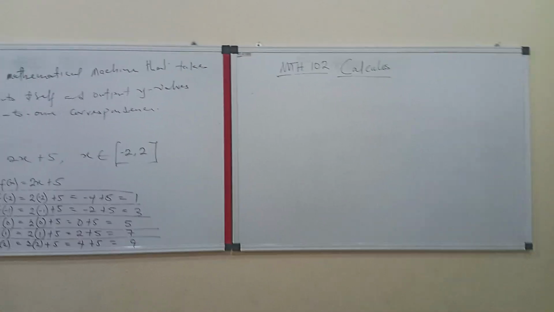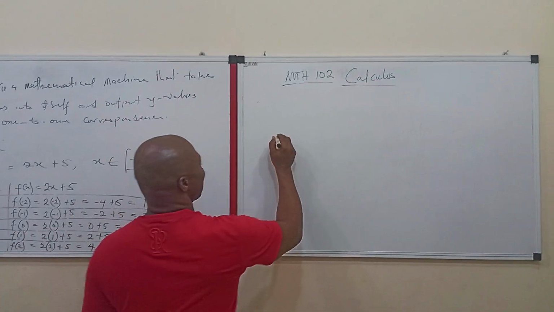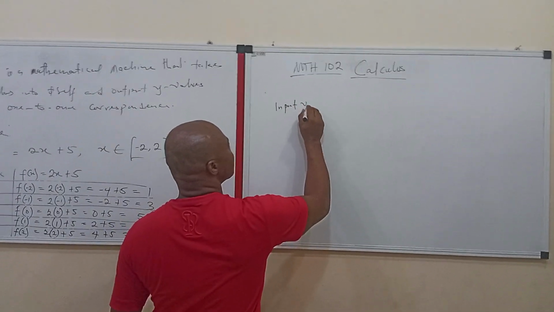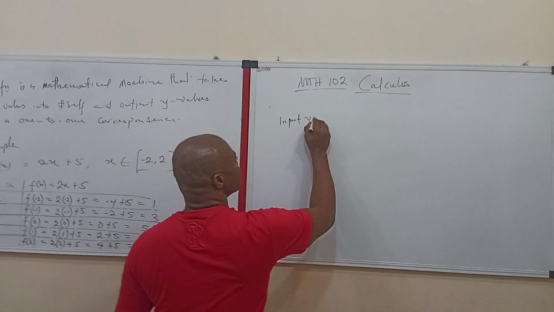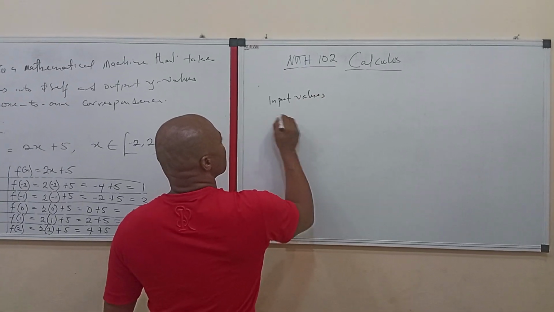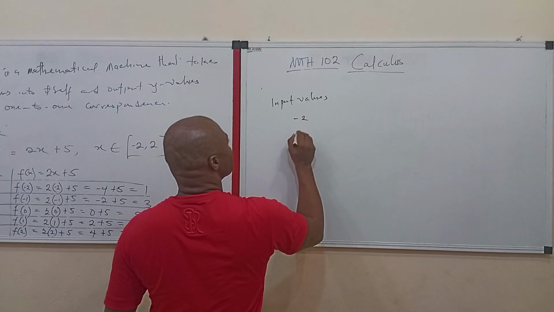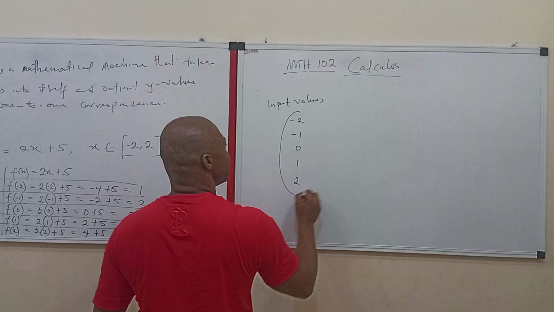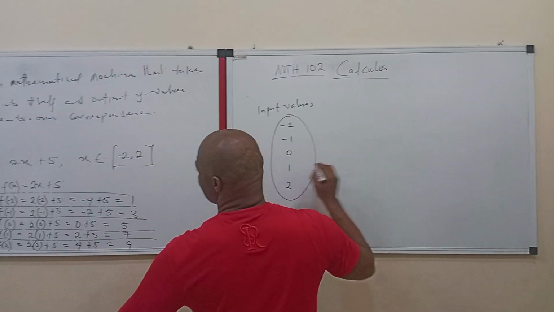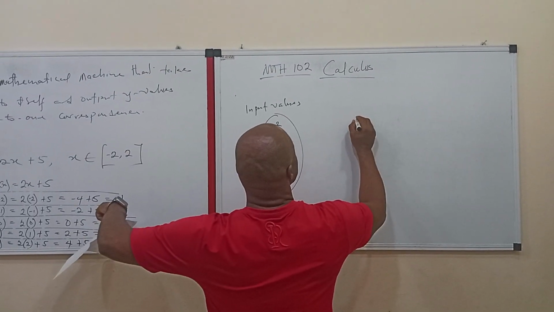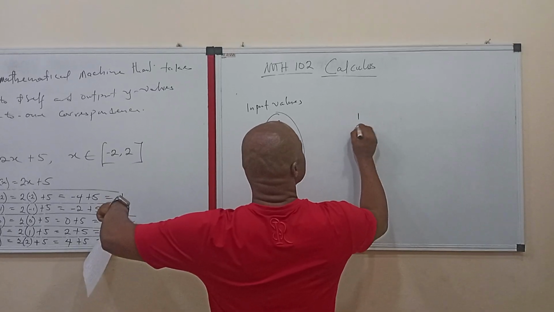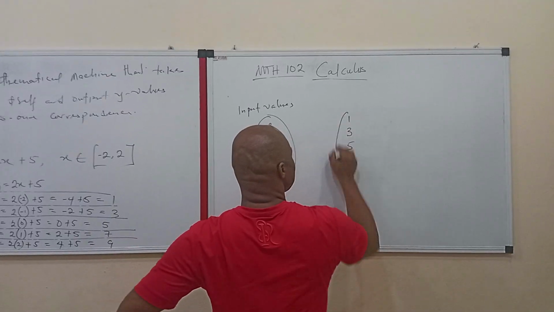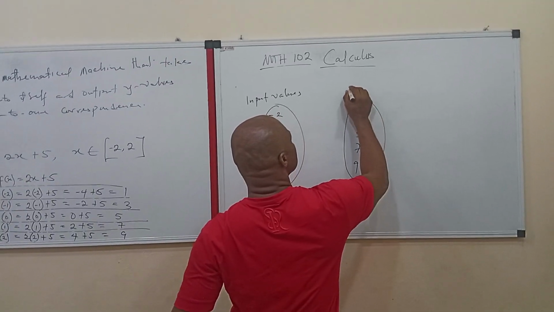Now, let's do something. The x values that we have, which are the input values, are minus 2, minus 1, 0, 1, and 2. And the output values are 1, 3, 5, 7, and 9.